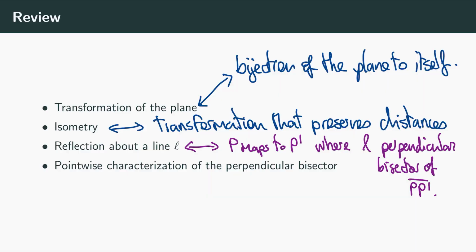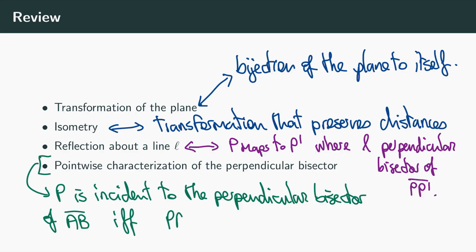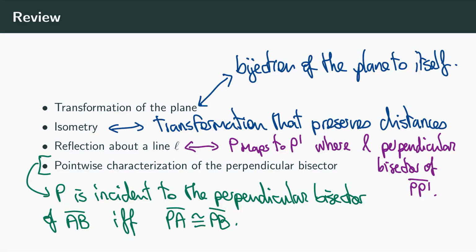There was a reason that had a place of prominence in our first module, so here now in our second module it's going to be very important, and this says that a point P is incident to the perpendicular bisector if and only if PA is congruent to PB. Or in other words, if the distance between P and A is the same as the distance between P and B. Okay, this is our key review here.